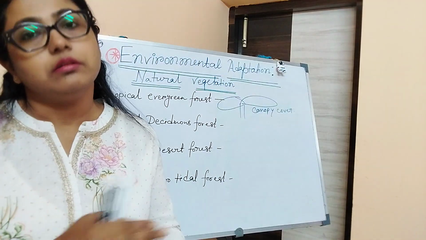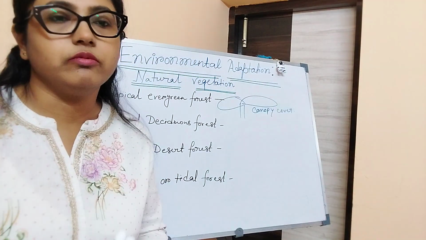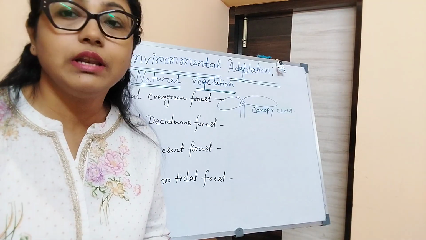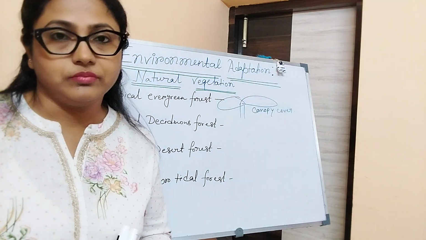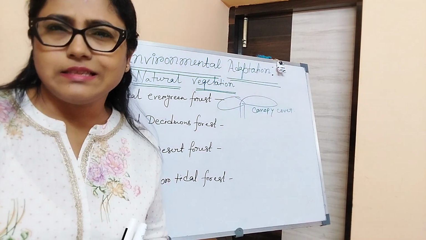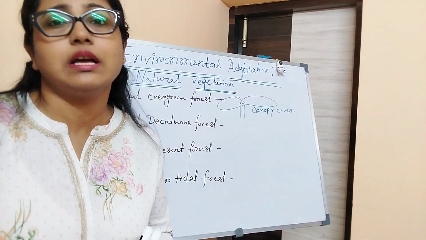As a result, it is damp and humid in nature. The soil is very clayey in nature, which will hamper the transport system. Many poisonous insects are there, unhygienic conditions are there, mosquitoes are there.